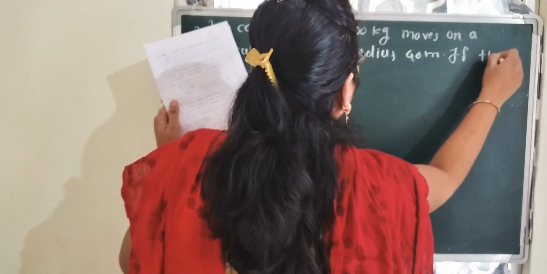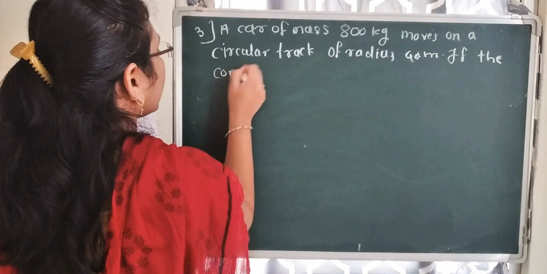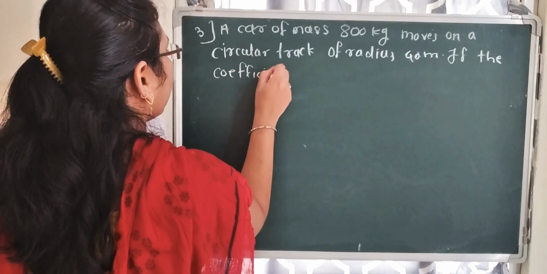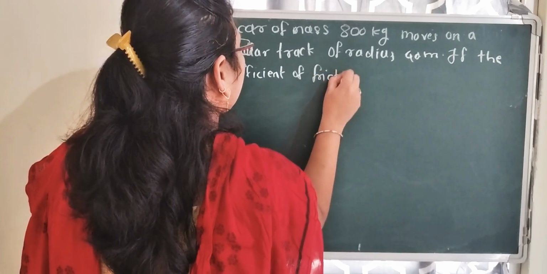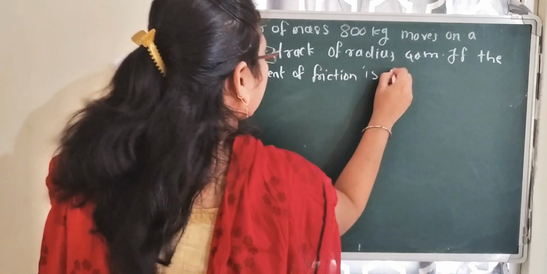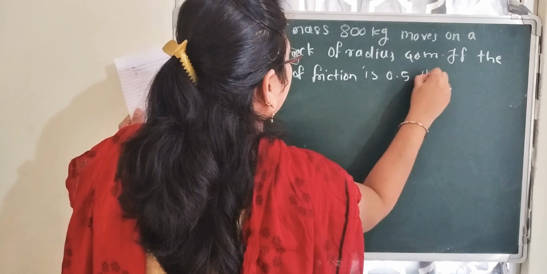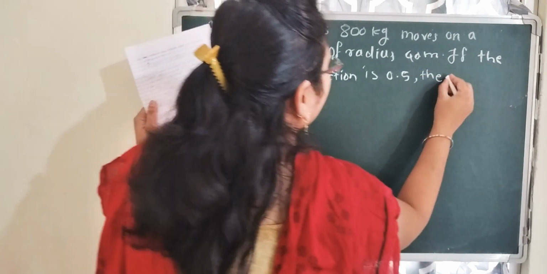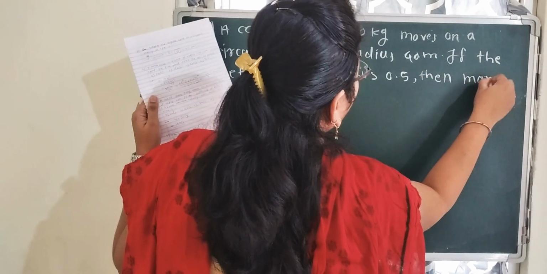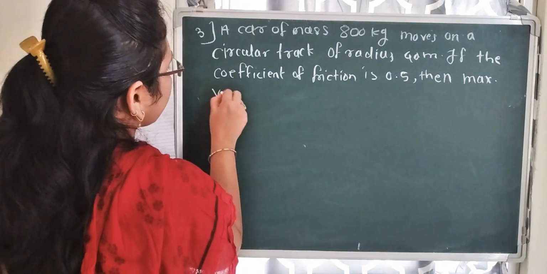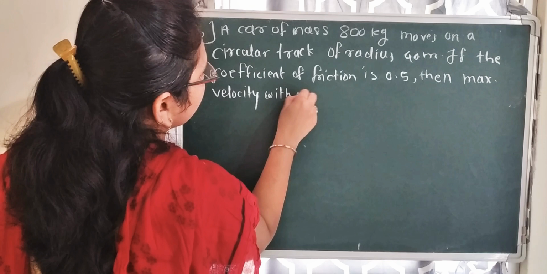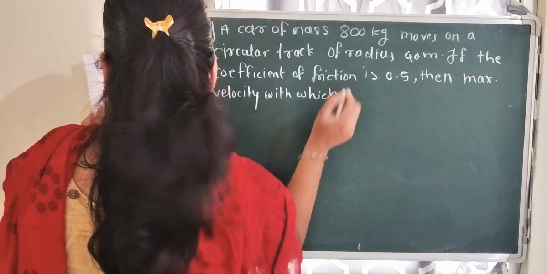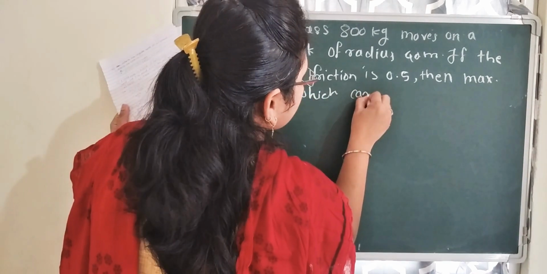If the coefficient of friction is 0.5, then the maximum velocity with which the car can move is.